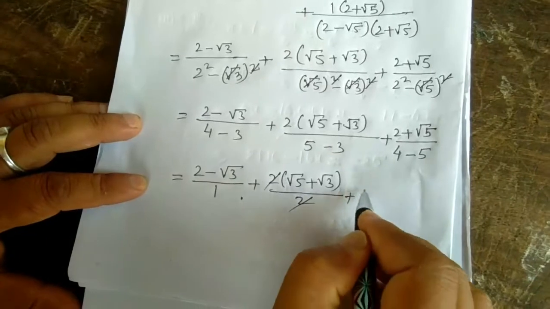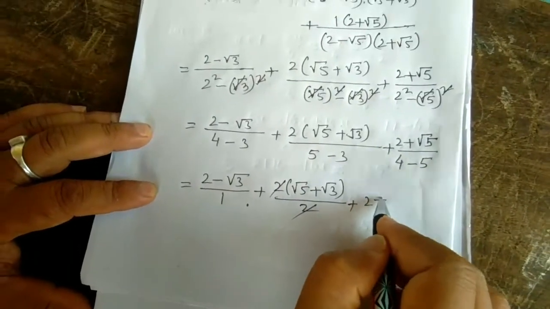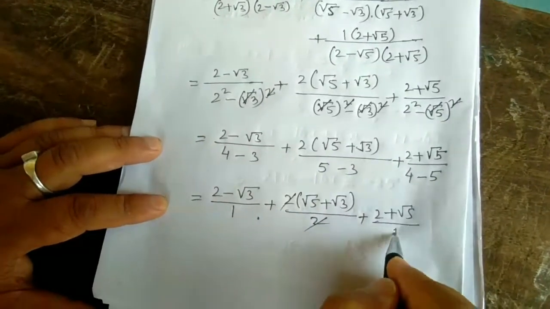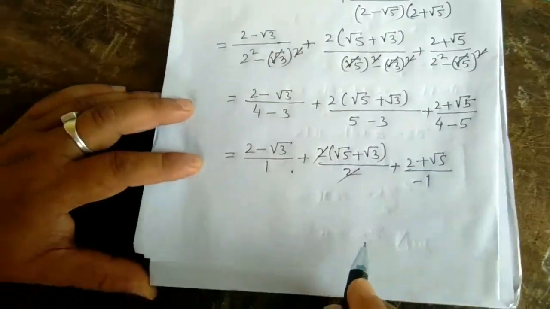Okay, plus 2 plus root 5 by 5 minus 4 equal to 1, 5 is greater, so negative sign.